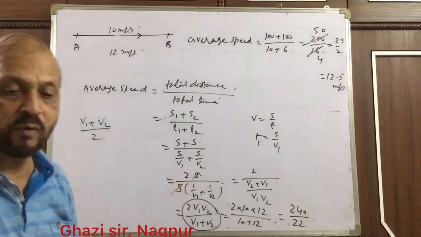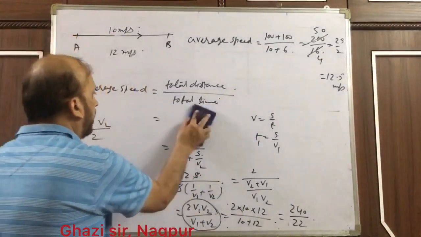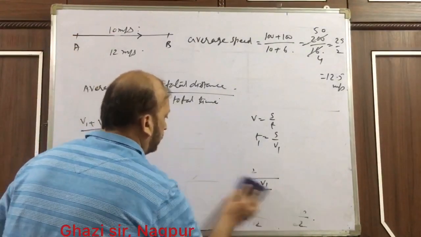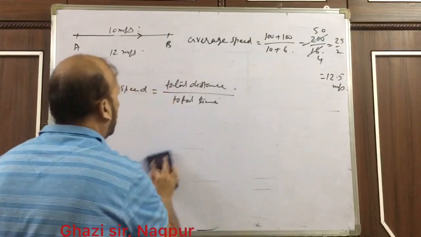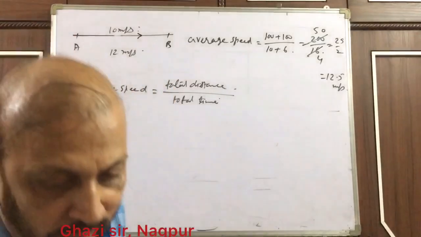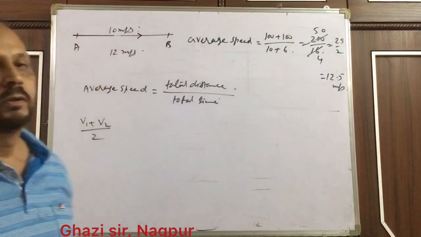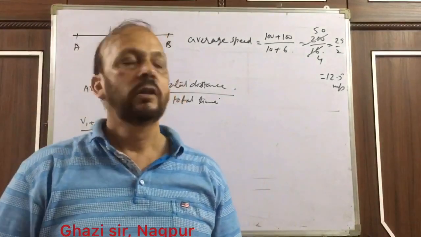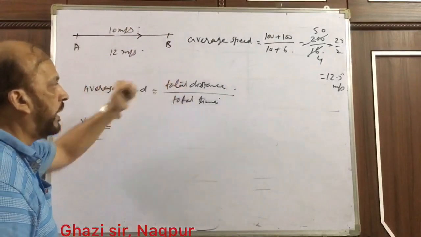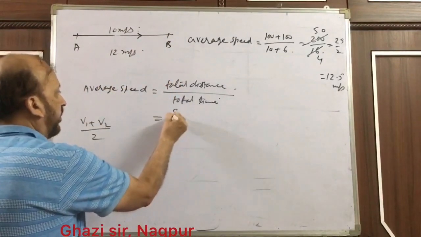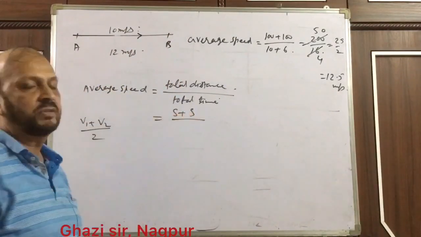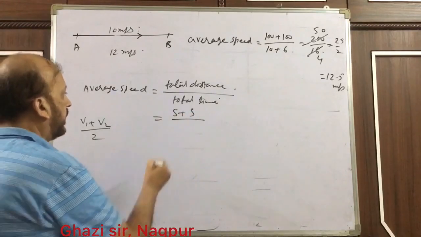How this formula is obtained, understand it once again. Suppose the boy is going to school with one speed, returning back with another speed. Since traveling the same distance, therefore total distance upon total time. Distance will be S plus S, that is 2S. Time will be total T1 plus T2.